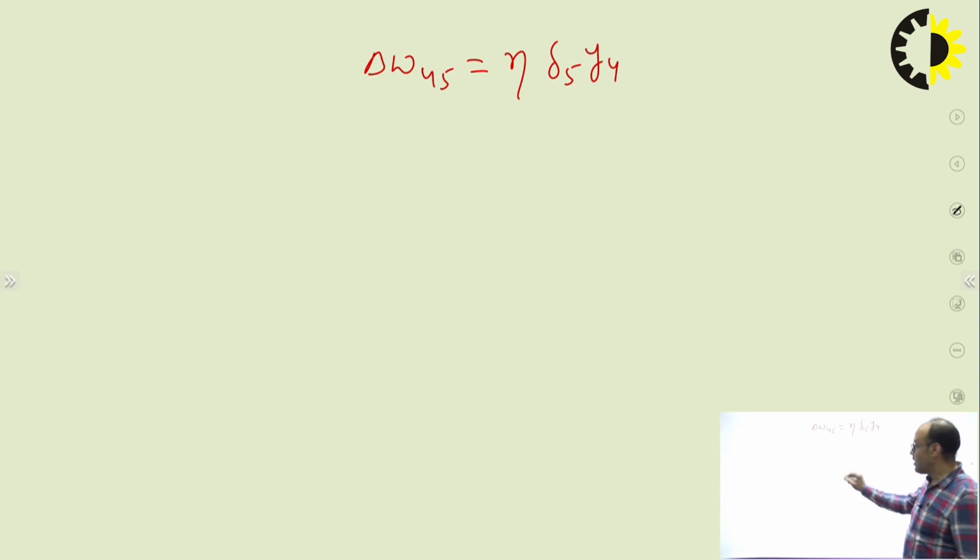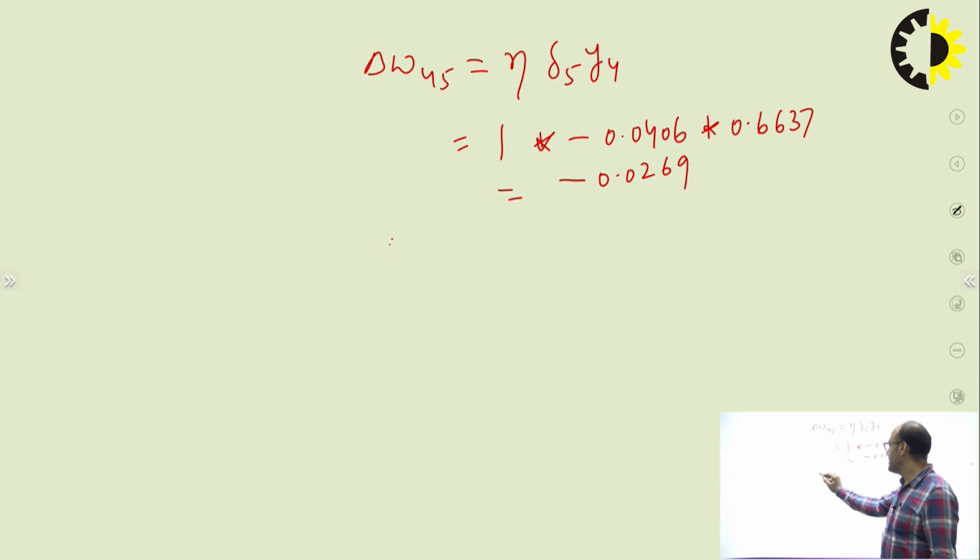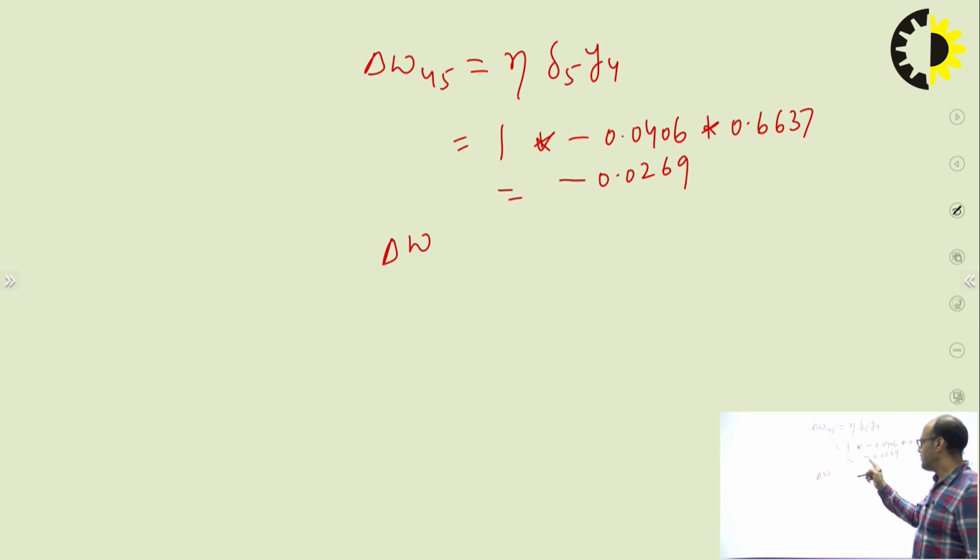I put the values here. The value of eta is given as 1. Delta 5 we have already calculated, minus 0.046, multiplied by 0.6637. After calculation I will get minus 0.0269.